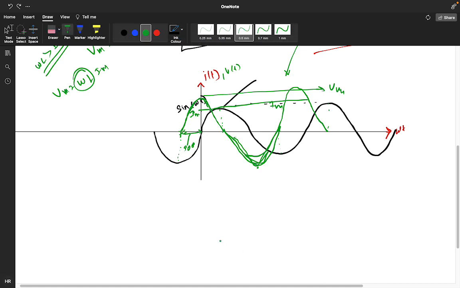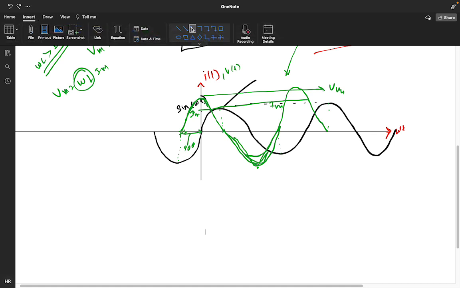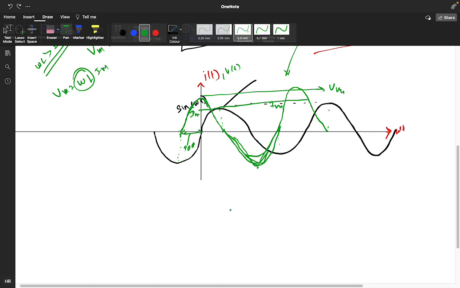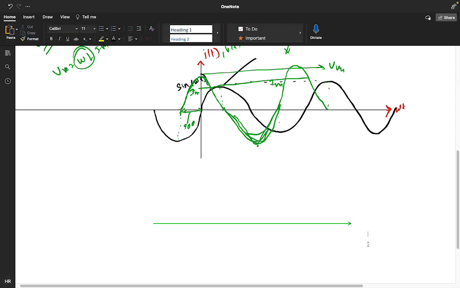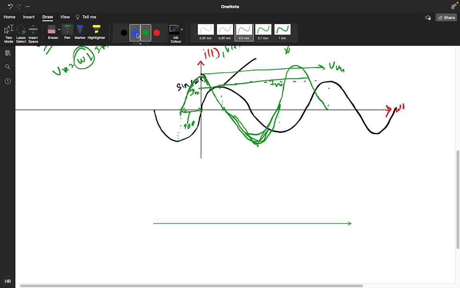If you are drawing a particular phasor diagram, you take this value as a reference value.